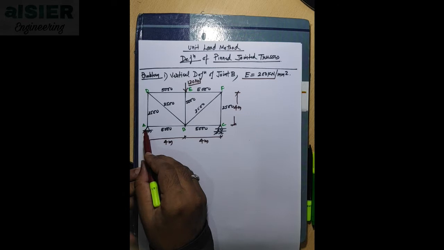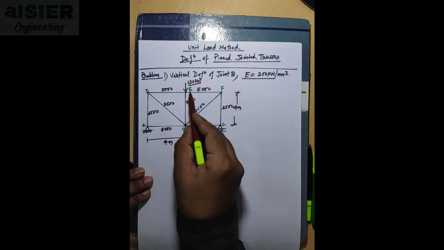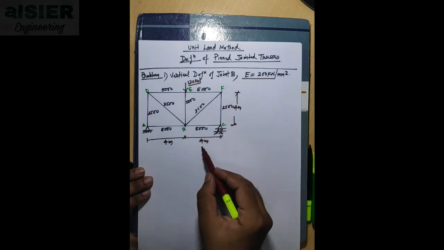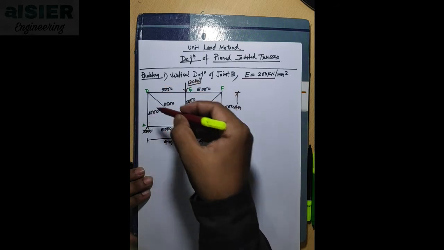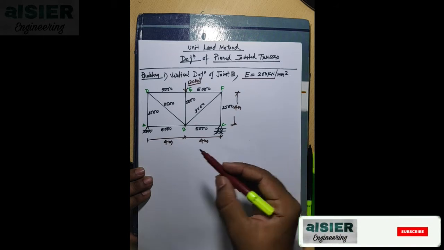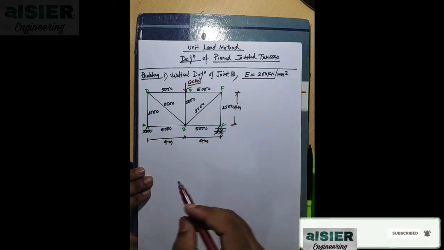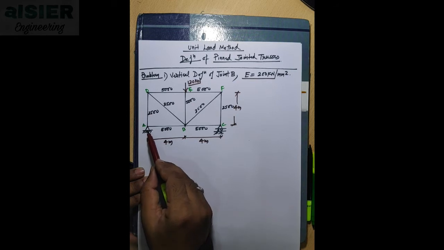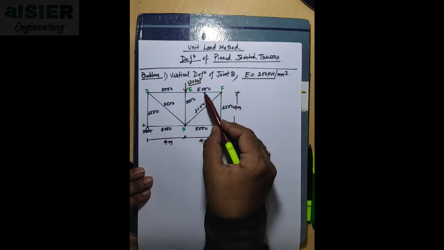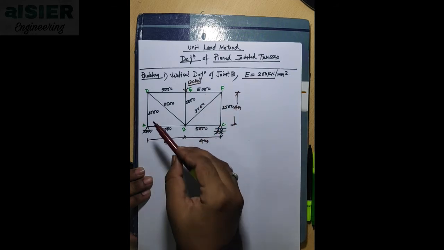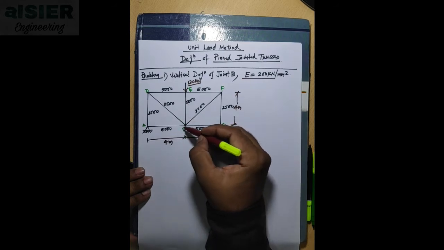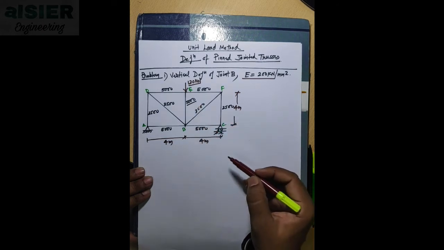Also, the length of members AB, BC, DE, EF, AD, BE and CF is given as 4 meter, whereas for BD and BF the length is not given, but we can calculate that length by using the hypotenuse theorem. Also, the cross-sectional area for horizontal members AB, BC, DE and EF is given as 5000, and for all other members it is given as 2500, except for vertical member BE, which is again given as 5000.